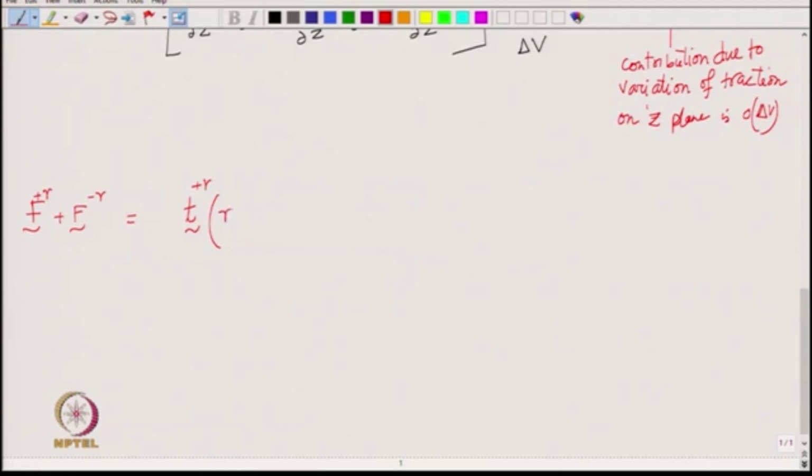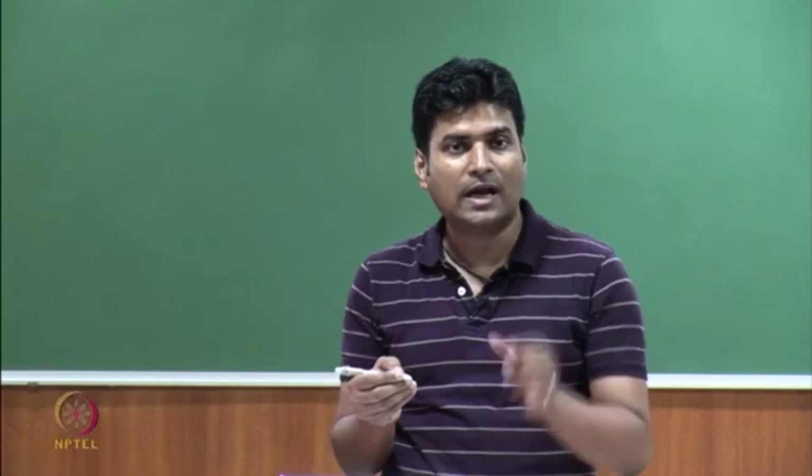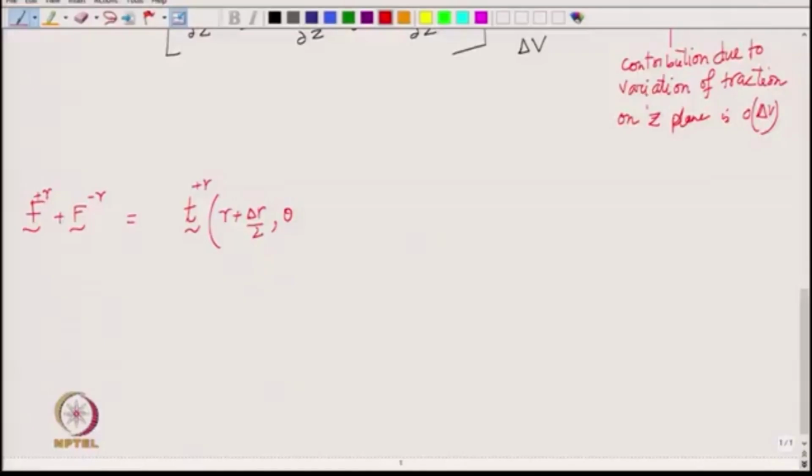So, that is at small r plus delta r by 2. Remember, the positive r plane is the outward plane whose r coordinate is small r plus delta r by 2, right. And then the theta coordinate at the center is the same as the theta at the center of the cylindrical element. So, theta does not change, likewise z also does not change. So, what is changing here is the r coordinate, okay, multiplied by the area of the positive r plane.